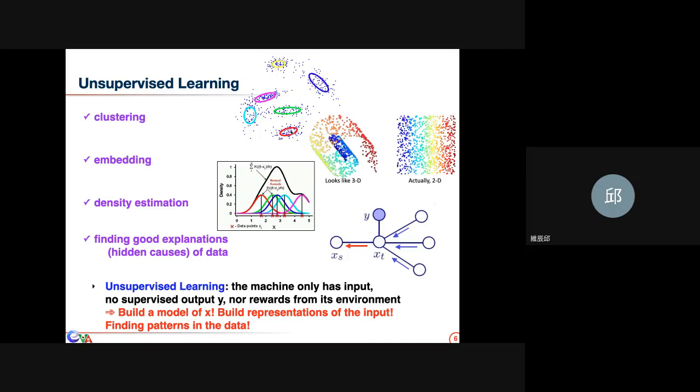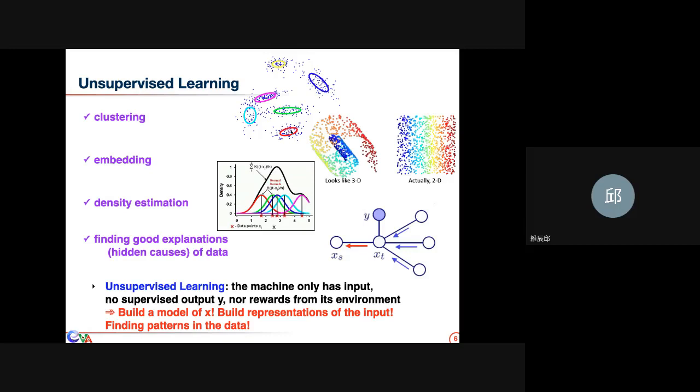For example, how many clusters can be used to form your data set, which data points are close to each other, and which are far away from each other and belong to different clusters, and so on.